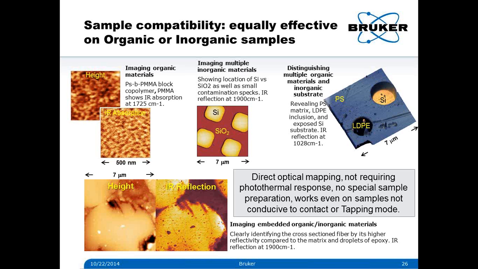So from that, you can already distinguish the different materials. And I want to emphasize that the SPIR technique does not require photothermal expansion of your sample. So you're not limited by that. You can look at these different organic and inorganic materials. You do not need special sample preparation. If it works with AFM, then it does work with the Inspire technique.